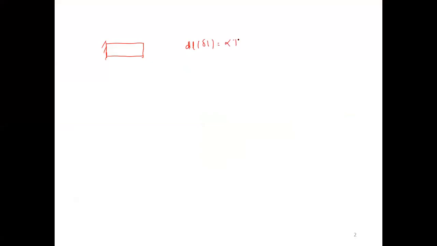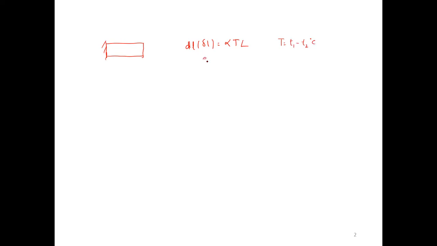It is alpha delta T into L, where delta T equals temperature T1 minus T2, in degrees centigrade, right?